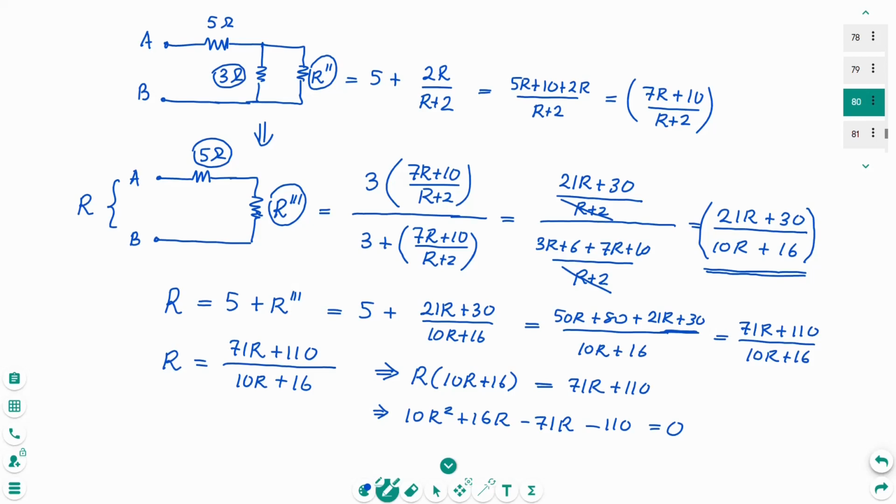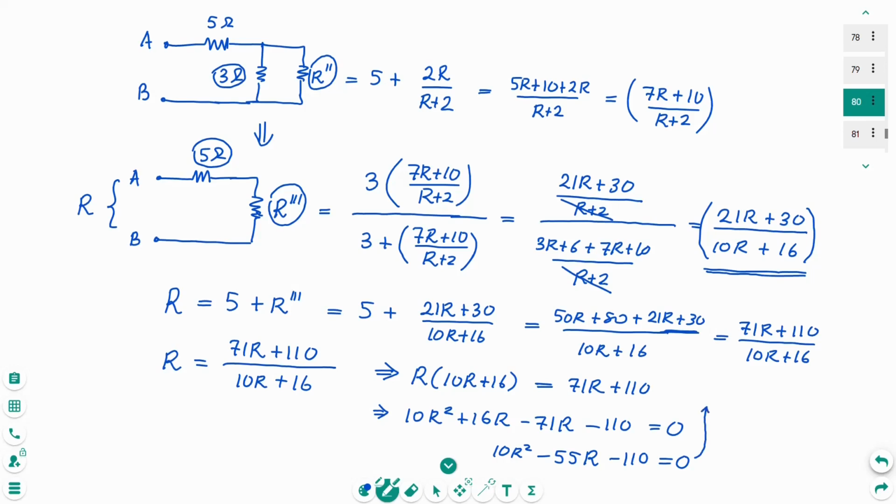So if we simplify this, let's see, we are going to have 10R squared minus 71 plus 16, so that's going to be minus 55R minus 110 equals 0. So we get a quadratic equation in R. Further, we can simplify this.